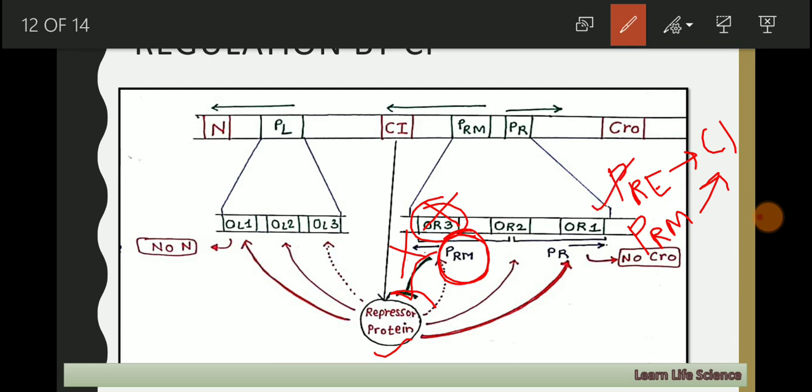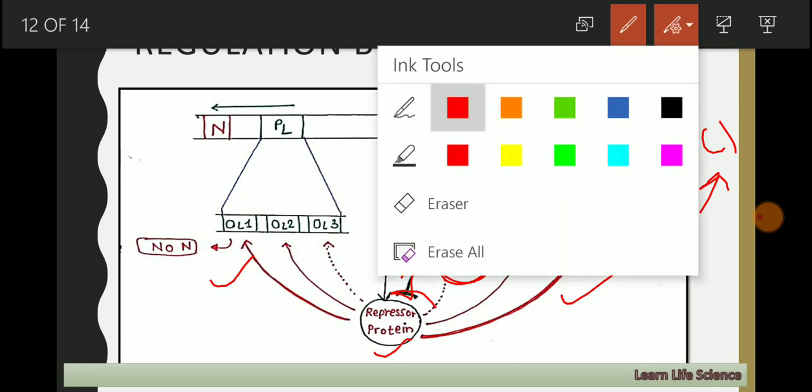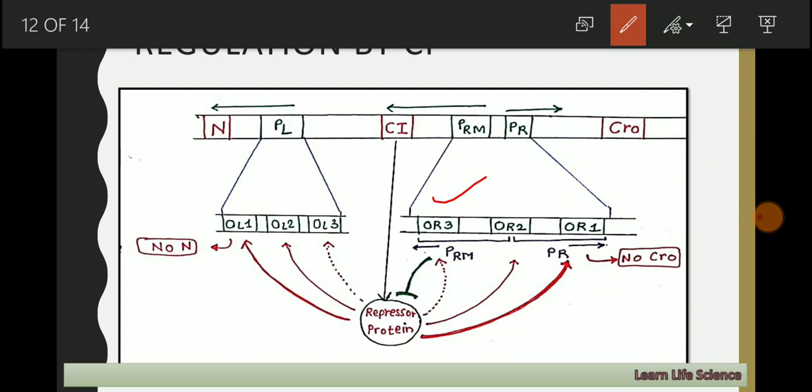Now C1 is going to act as a repressor and it is going to block the transcription from other early genes. Okay, then it is going to bind to first operator regions, and along with the increase in its concentration, it is going to block the OR3 operator as well as its own synthesis from PRM.